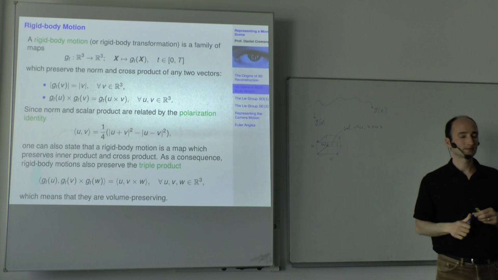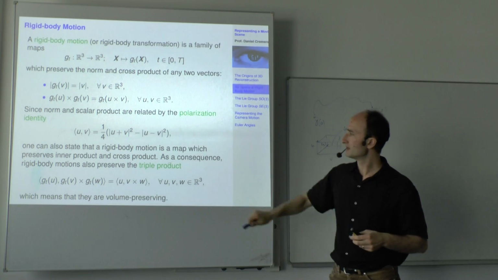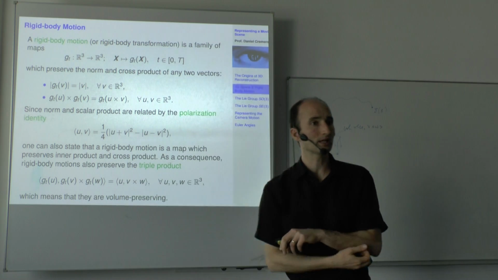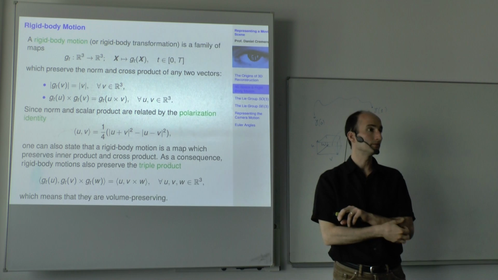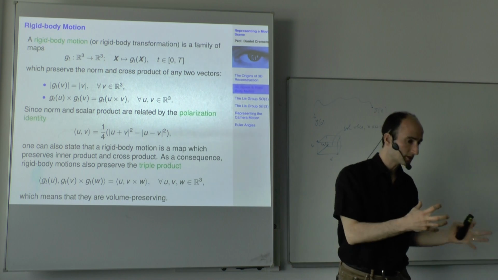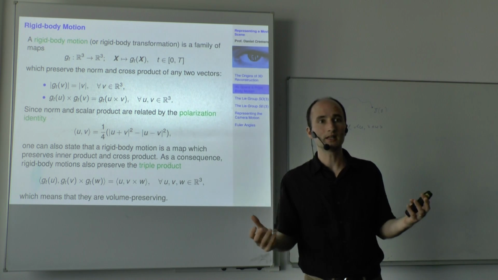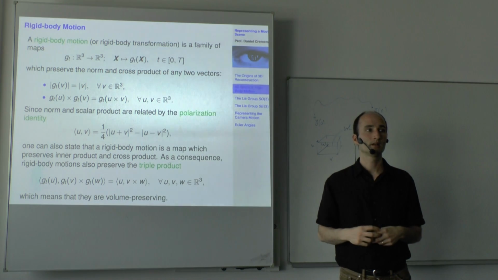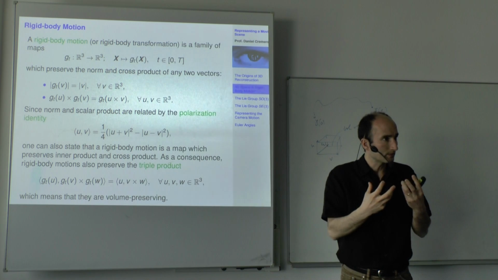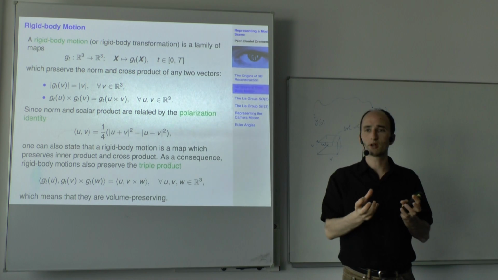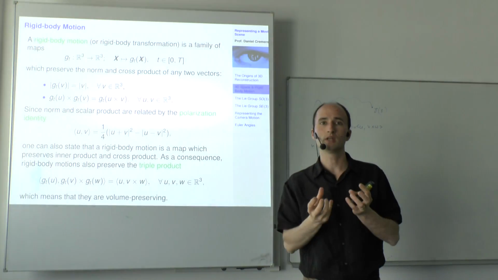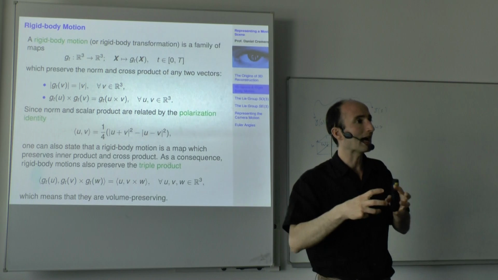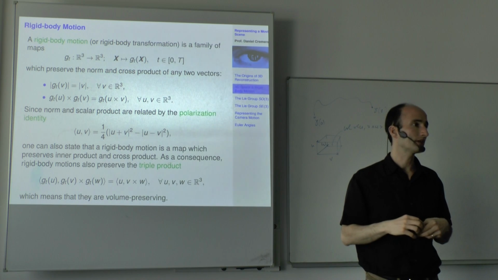That is the volume. And so when I say the triple product is preserved, it means rigid body motions in particular also preserve volume. Meaning if you take a rigid body and you move it around rigidly, it will have the same volume after moving. And you know quite well, if you do some non-rigid motion of an object, you distort it, you change lengths, you change orientations, you change angles, then you typically also change the volume.